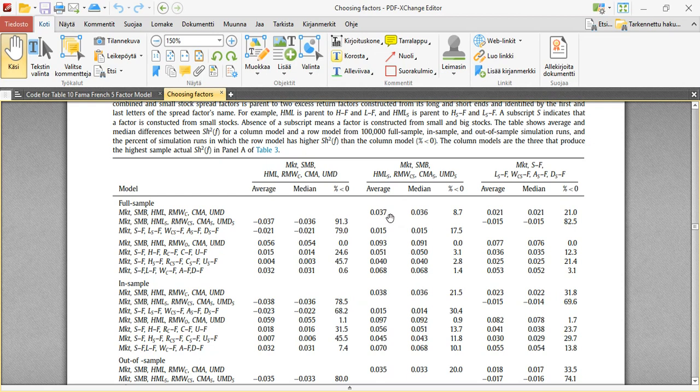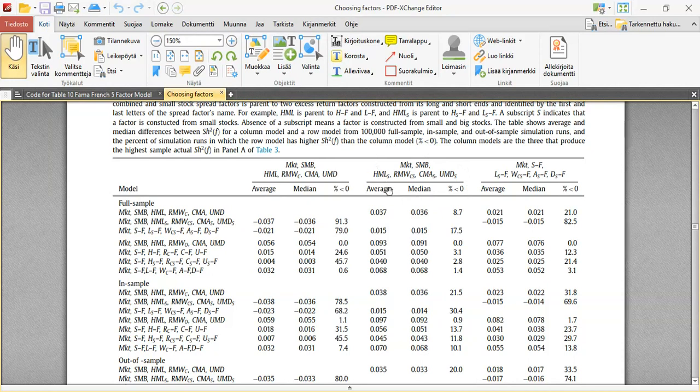We see that on average, this column model here produces a maximum squared Sharpe ratio that is on average 0.037 units higher than the Sharpe ratio of this row model here. And we see here that in only 8.7% of these 100,000 simulations, this row model produces a higher maximum squared Sharpe ratio than the column model.